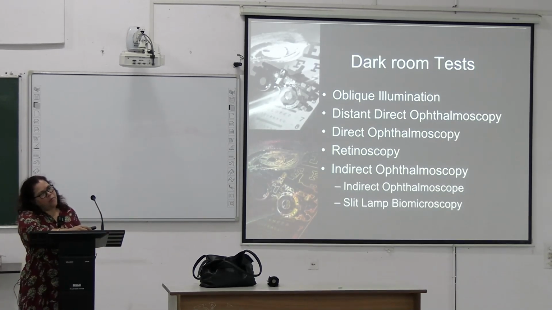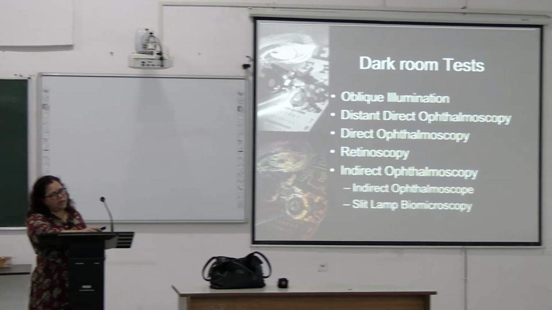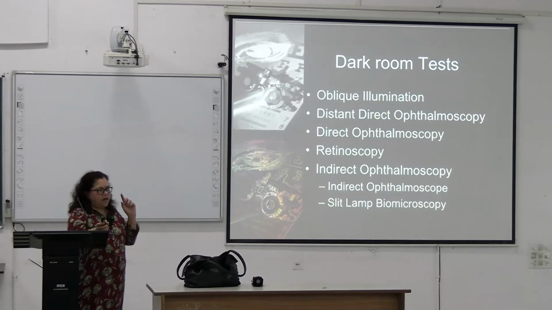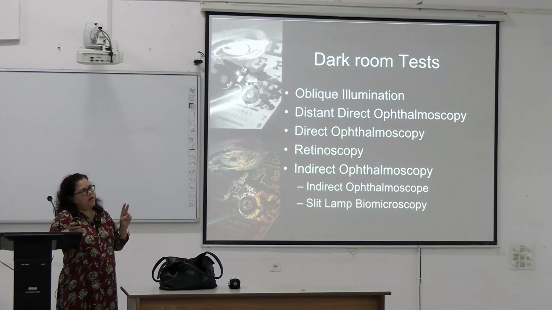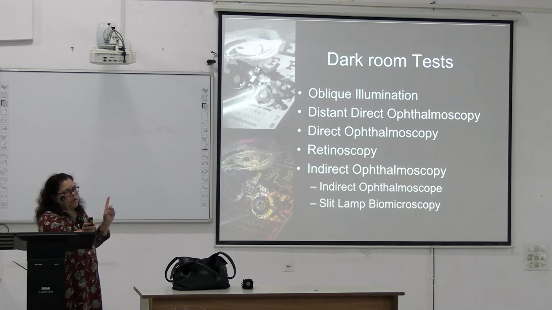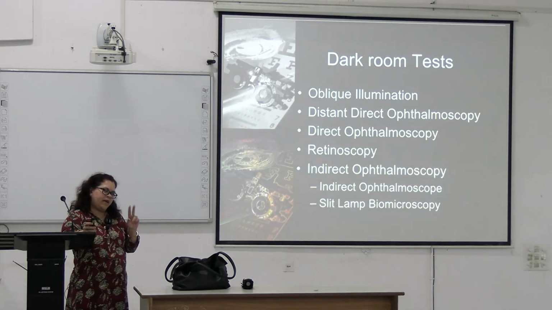In darkroom examination, the first one is retinoscopy, the second one is ophthalmoscopy, and ophthalmoscopy may be two types. First one is direct ophthalmoscopy, and second one is indirect ophthalmoscopy.